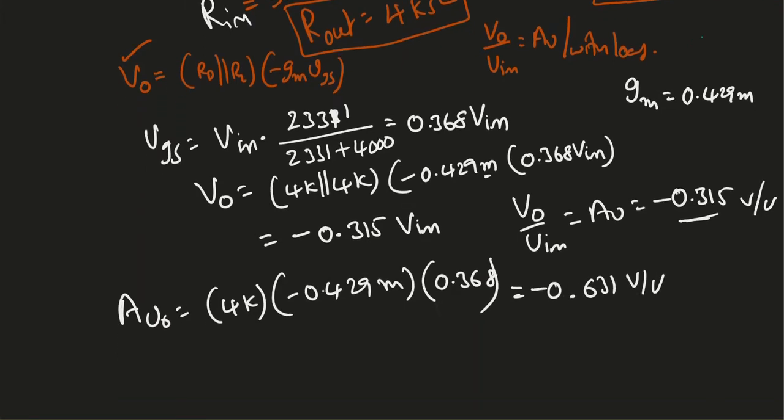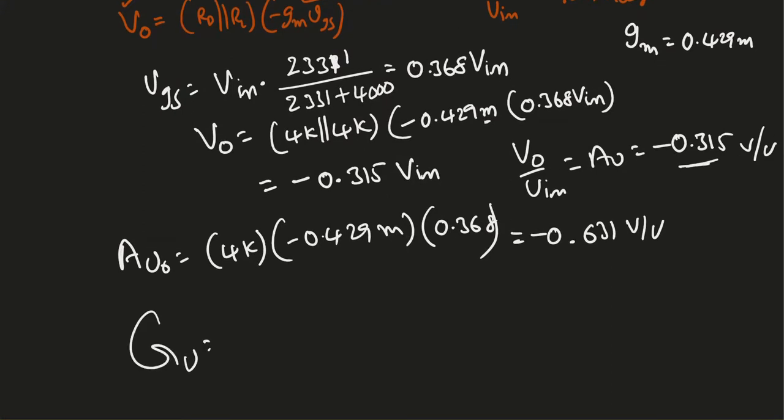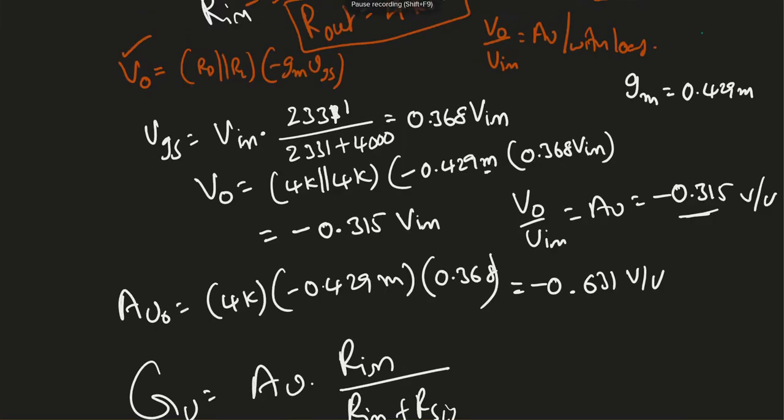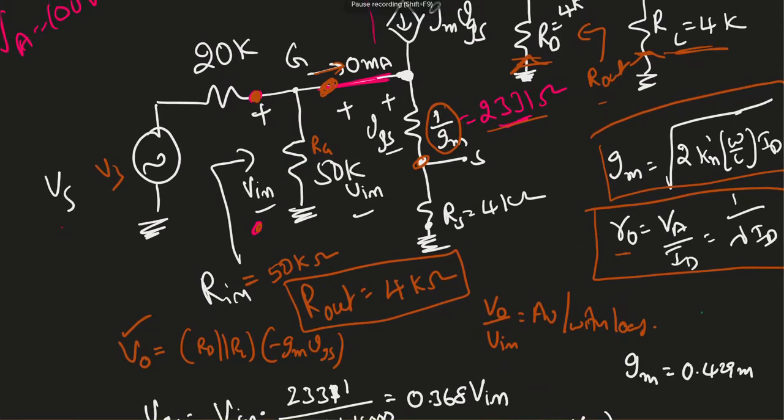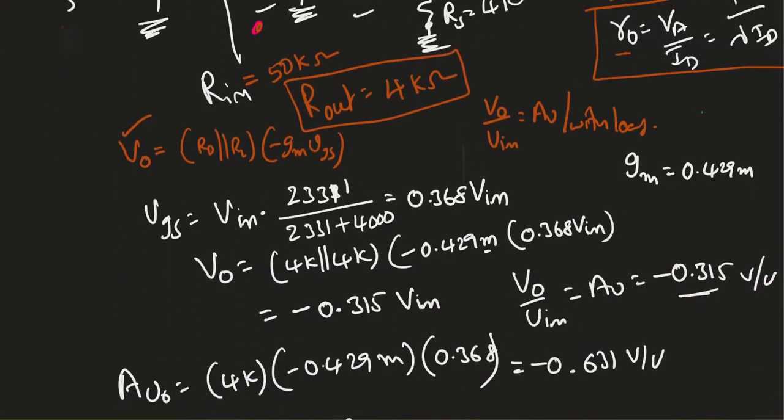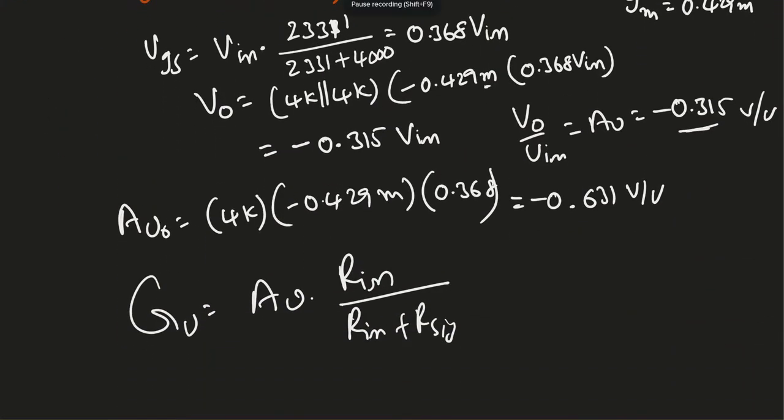This is AV naught. Now overall gain GV equal to AV times Rin over Rin plus R signal. So here the input has signal resistance of 20 kilo ohm and input resistance is 50 kilo ohm. So there will be significant amount of voltage drop there.